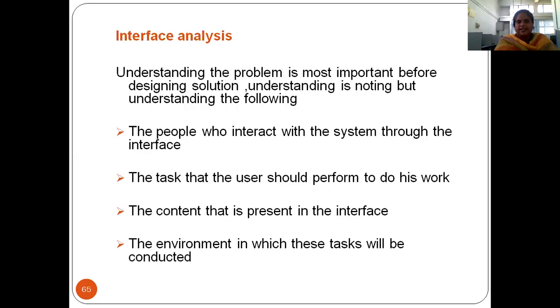Now, interface analysis means understand the problem, which is important, then find the design solution. Understanding means understanding the people who interact with the system through the interface, the task given to the user to perform, the content present in the interface, and the environment in which the task will be conducted.